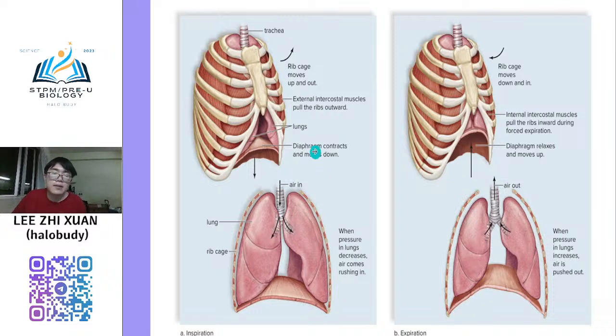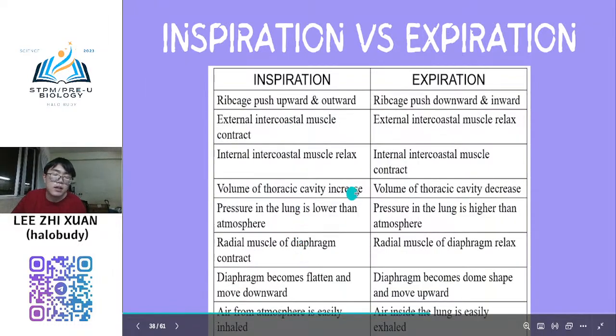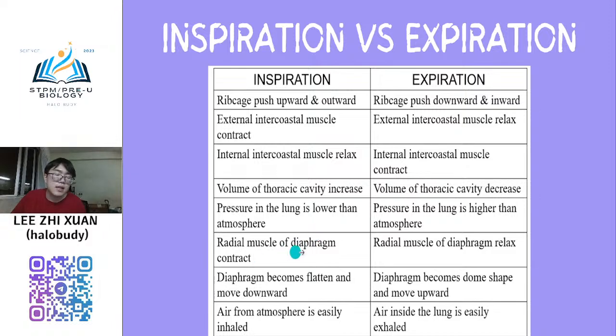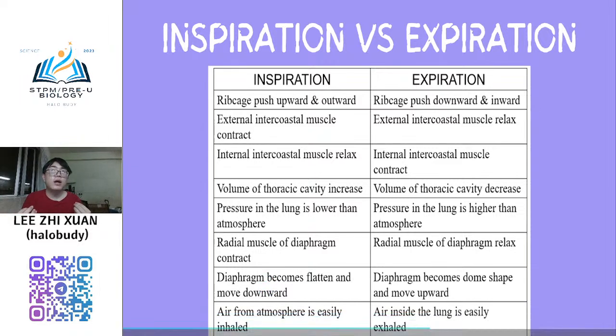Your diaphragm will also contract and move down, and then your thoracic cavity will increase. The diaphragm muscle contracts, flattens and moves downward, and then you get air.